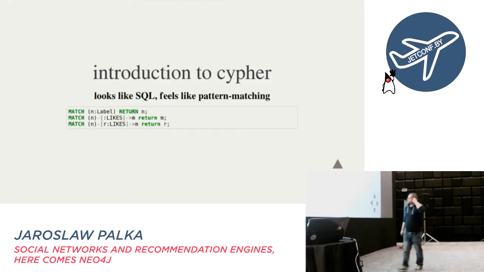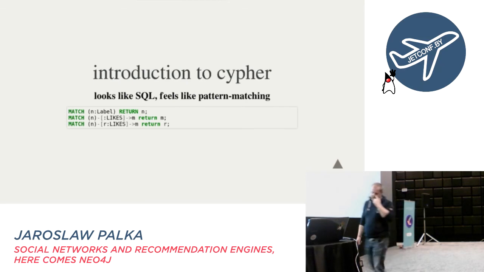Doesn't introduce anything. As you can see, what I like is ASCII. You can have the arrows in any direction. You don't have to have arrows from left to right. You can have it from right to left. You don't even need to have arrows. If you don't put an arrow, it says in any direction. So I want to have nodes connected with the relationship, but I don't care if it's left to right or right to left.